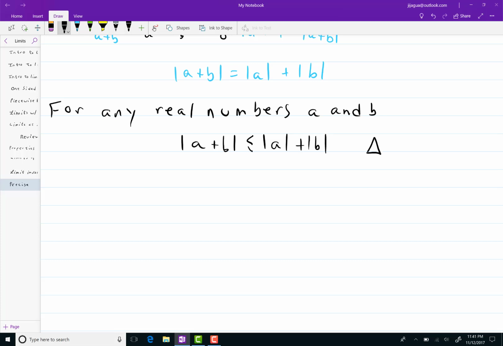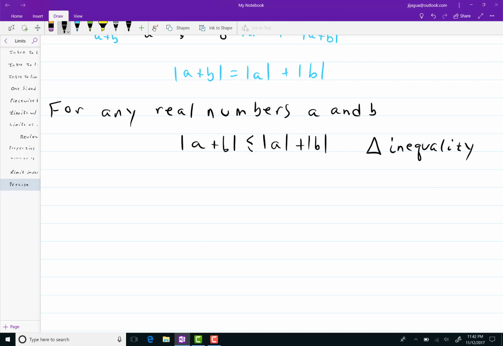This is known as the triangle inequality. The reason it has that name is because in a triangle, any one side is less than or equal to the sum of the other two sides. And this has a two-dimensional sort of analog to it.